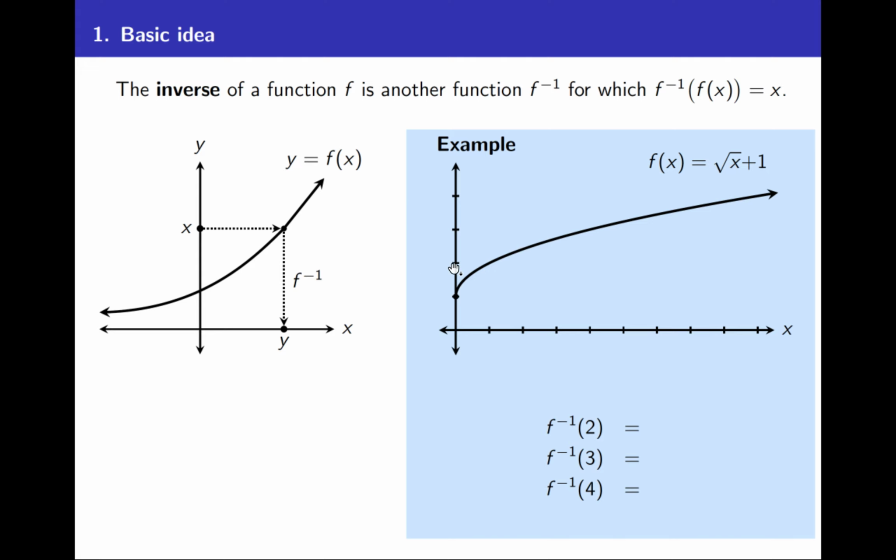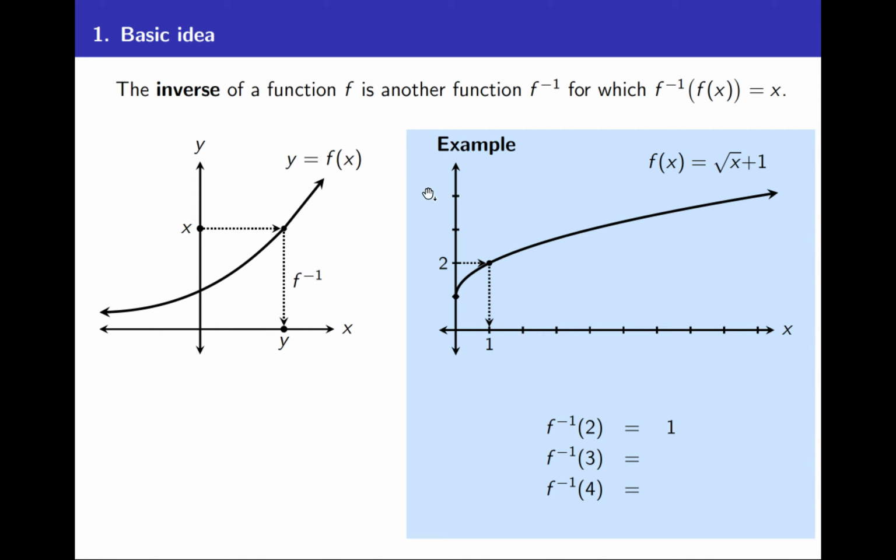We're going to put it on the y-axis and try to run f backwards. Notice that for this function, starting at 2 on the y-axis, going over to the function and down to the x-axis, you arrive at 1. And sure enough, if you plug in 1, f of 1 is square root of 1 plus 1, which is 2. So f sends 1 to 2. F inverse would send 2 back to 1. So f inverse of 2 equals 1.